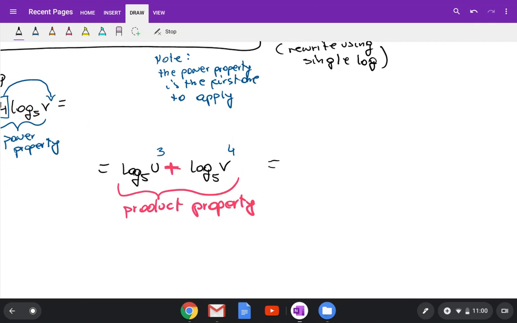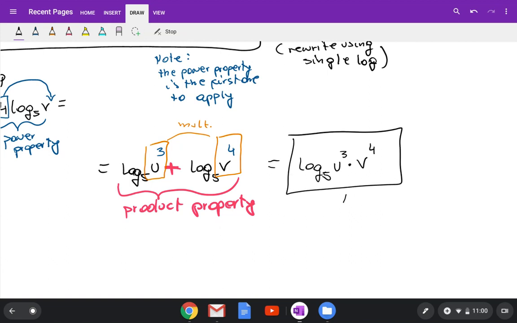So the sum will become the product. So you copy log once of base 5 and we multiply u to the power of 3 times v to the power of 4. So you multiply them, okay? So that will be u to the third power times v to the 4th power, and this is your final answer. So that's what we're doing here.